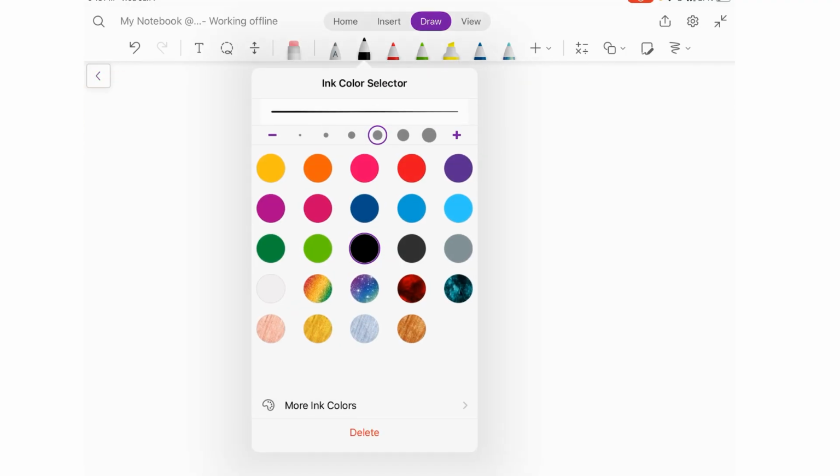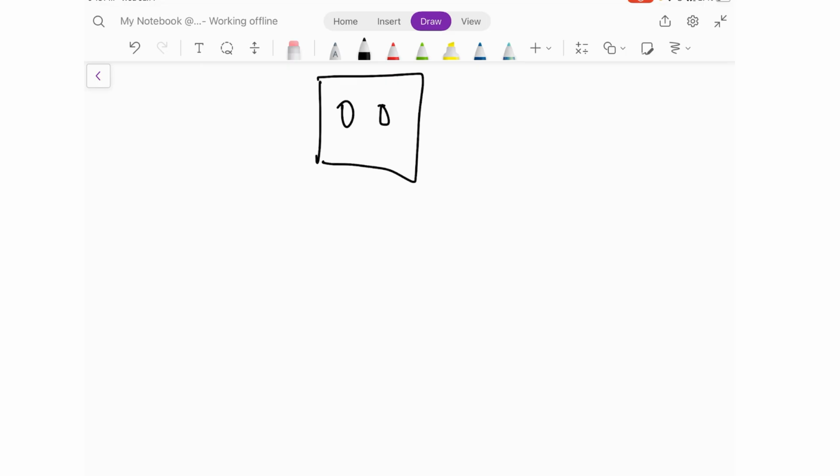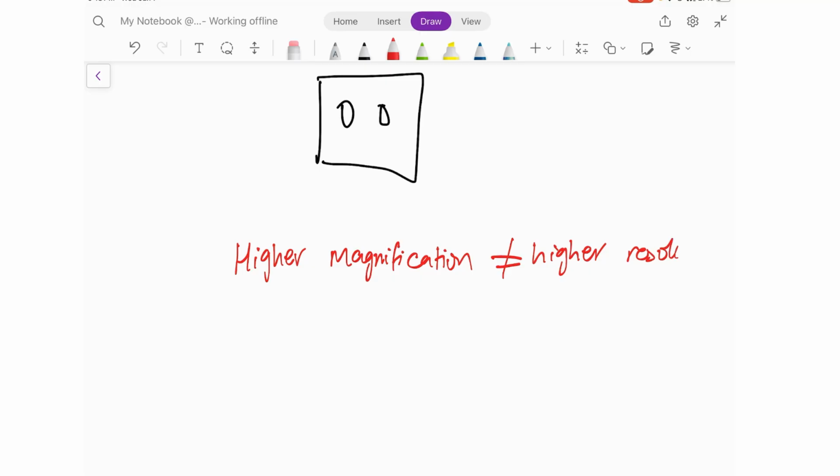Now, one thing that I'd like to make clear is that a higher magnification does not equal a higher resolution. People assume that when you have a larger image, you can see better details.